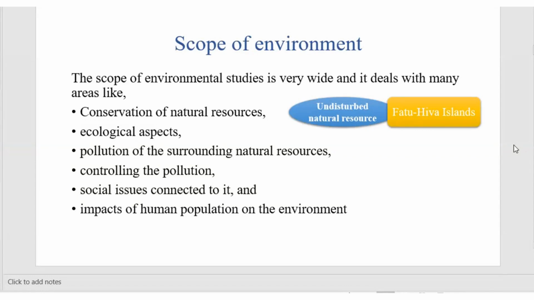We are concerned because resources are running out and there is pollution happening. A lot of diseases are occurring, like coronavirus, which is an aerosol. We are concerned about the environment because it is affecting us. But in order to conserve the environment, we need to look at it from a whole point of view.